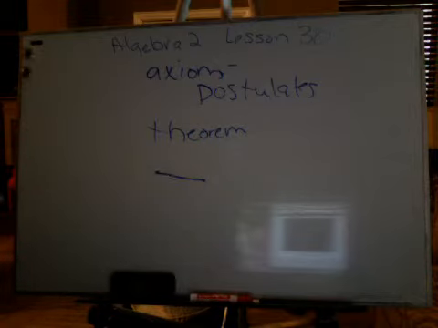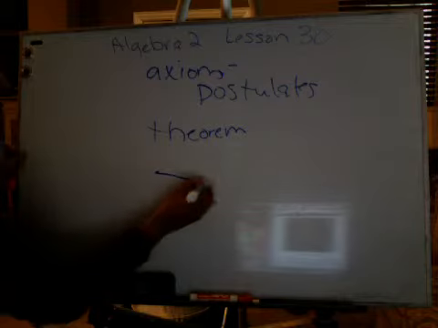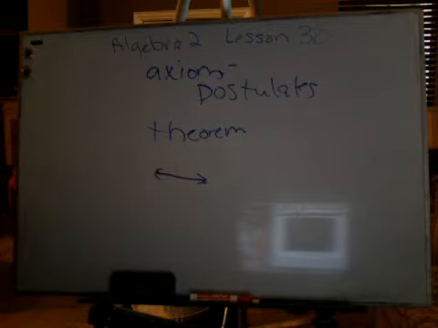Postulate 2 says a straight line extends indefinitely far in either direction. Postulate 3 says a circle may be drawn with any given center and any given radius. Postulate 4 says all right angles are equal. Yes, because all right angles are 90 degrees, so they're equal.